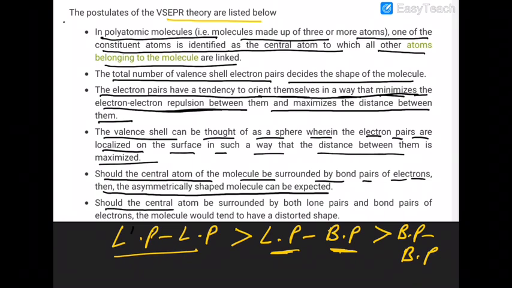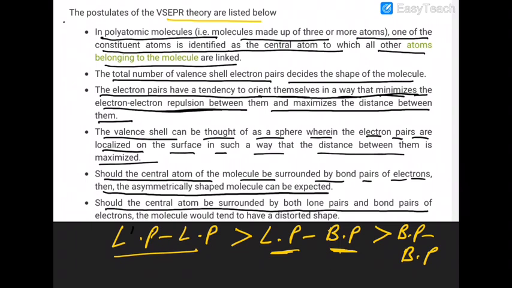If the central atom is surrounded by both lone pairs and bond pairs, then the molecule has a distorted shape. In the previous example, only bond pairs are present, so they have a perfect geometry. Presence of lone pair in the molecule will distort the geometry. I am repeating once more.